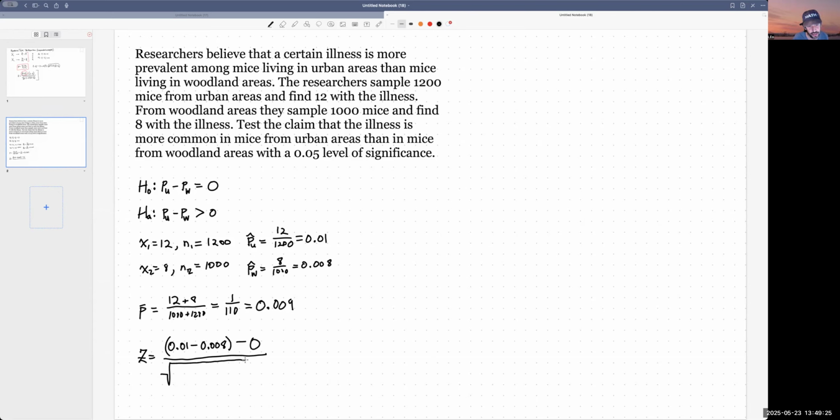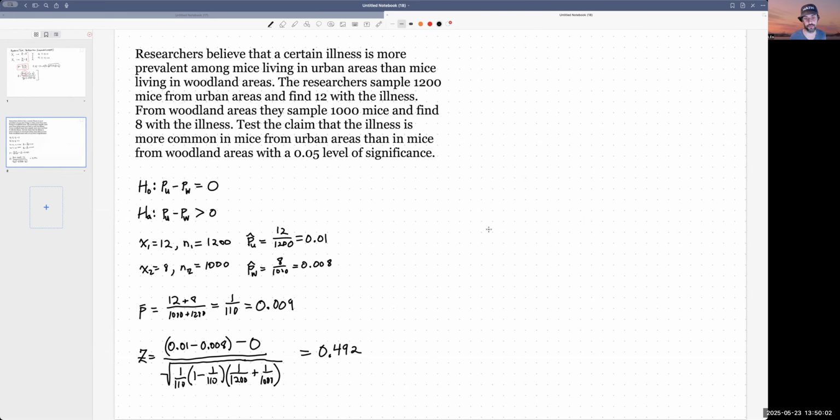We take P bar, 0.009 or 1 over 110, times 1 minus 1 over 110, times 1 over the first sample size plus 1 over the second sample size. All of this is under the square root, and I'm getting a z-score of 0.492.